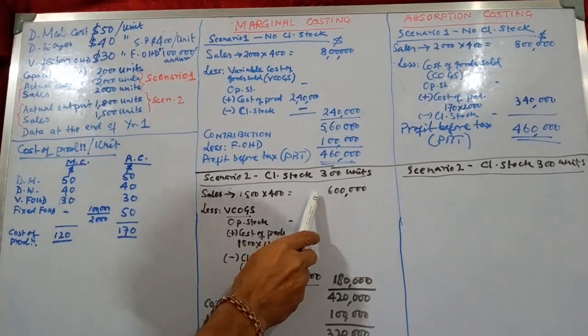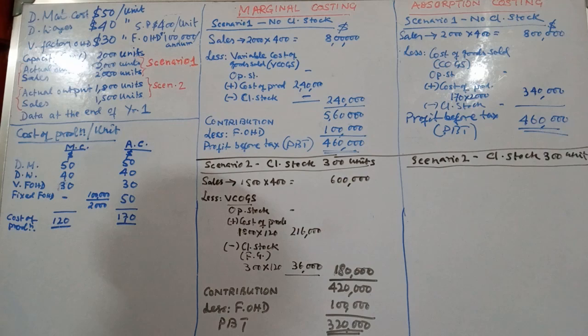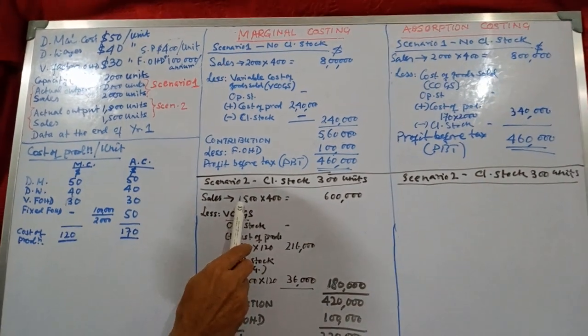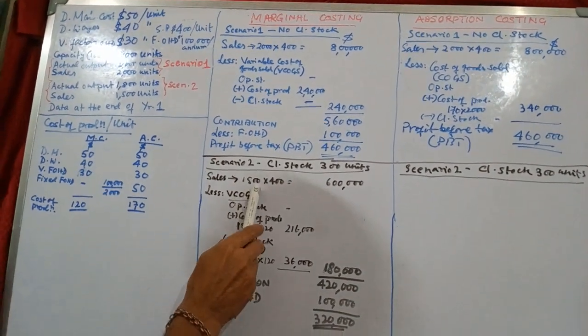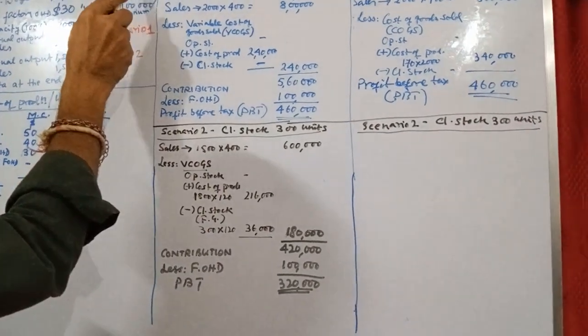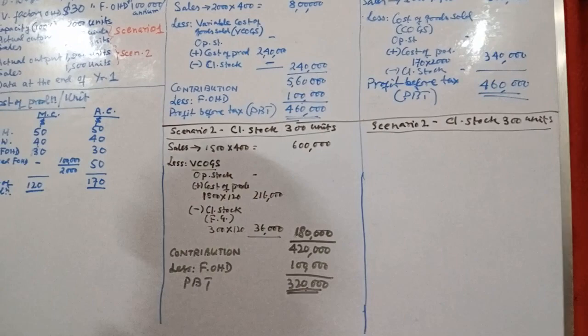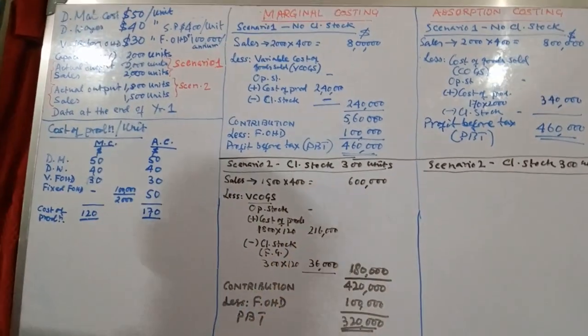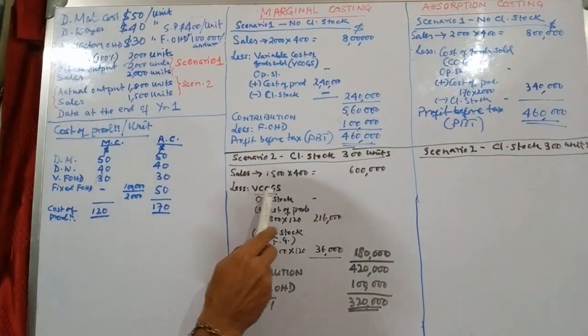So from sales we deduct variable cost of goods sold. Sales is 1,500, that is number of units sold, multiplied by selling price per unit, we get 600,000. We deduct variable cost of goods sold.